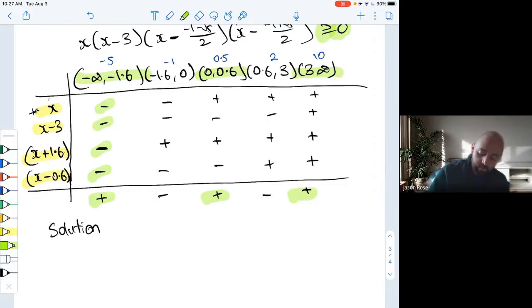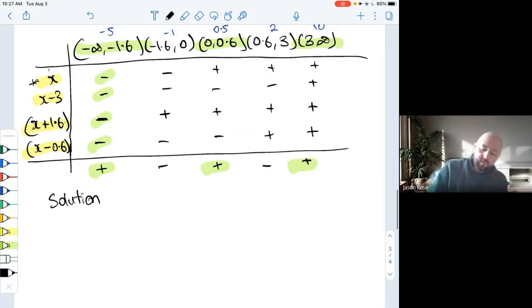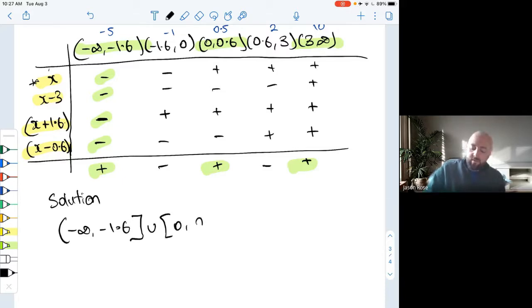So the solution in interval form: minus infinity to minus 1.6. That was a place where it's 0, so I'm going to use a hard bracket. 0 to 0.6. And 3 to infinity. You always use the soft brackets at infinities. So that's my final answer to this question.